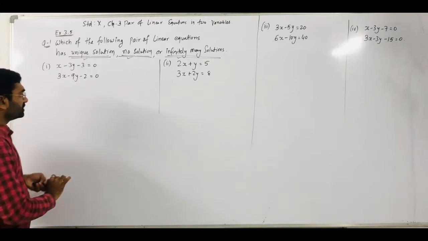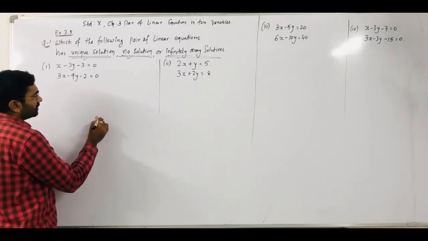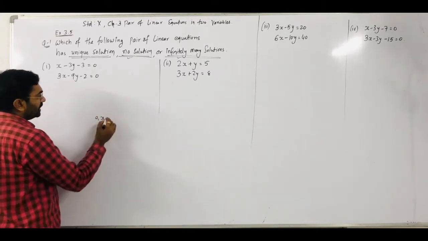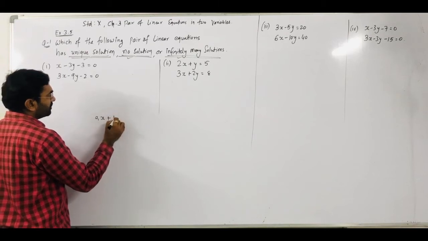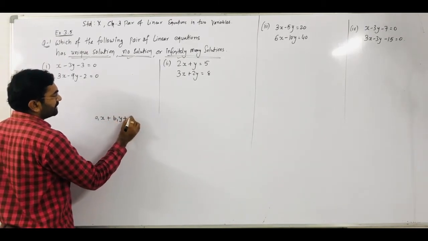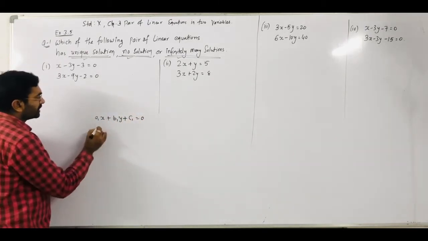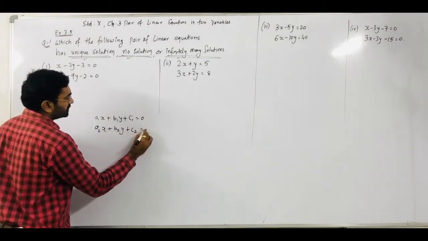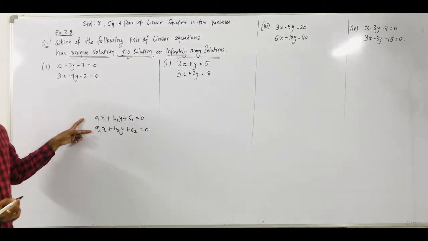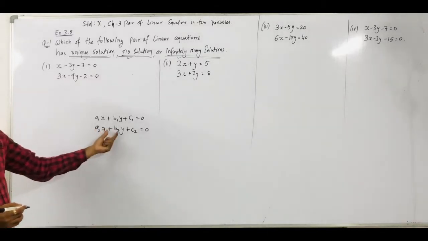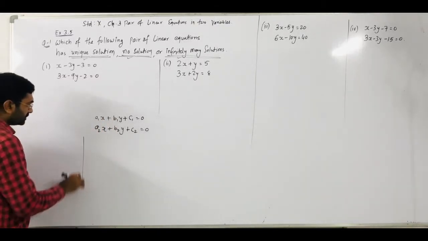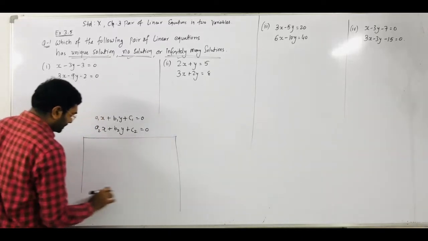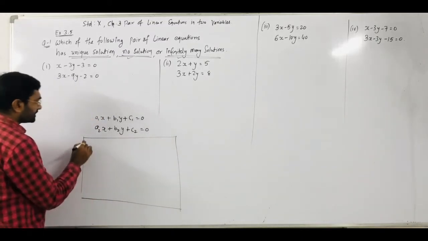First of all, I mention the linear pair of equations in general form, or you can say standard form: a1x plus b1y plus c1 is equal to 0, a2x plus b2y plus c2 is equal to 0. This is the standard form of a pair of linear equations in two variables, right? So here I represent the three cases which we already discussed.